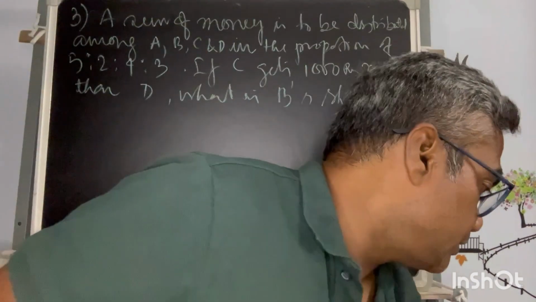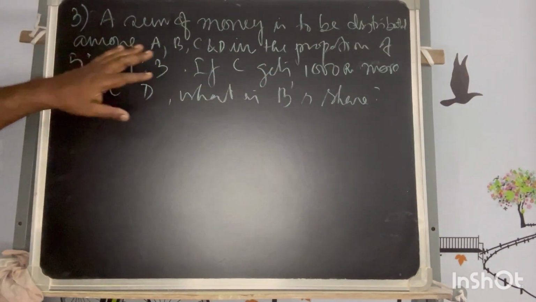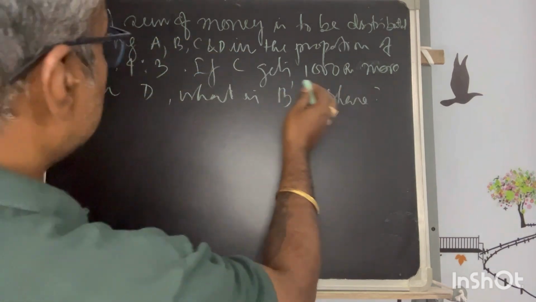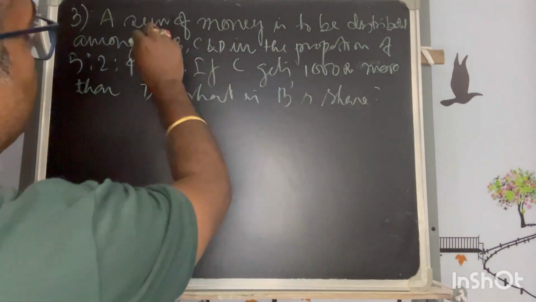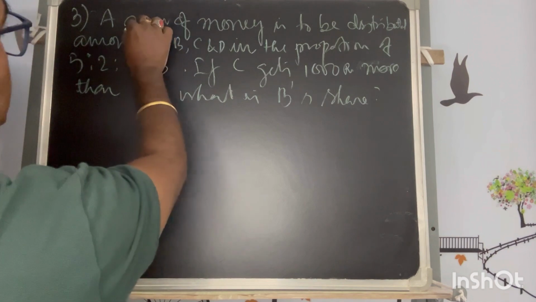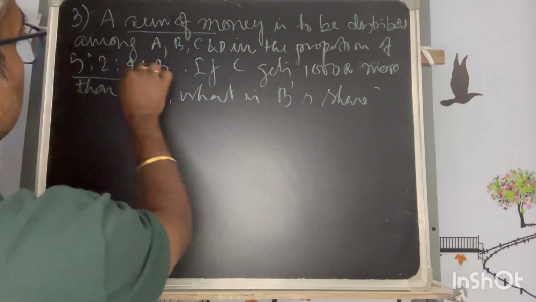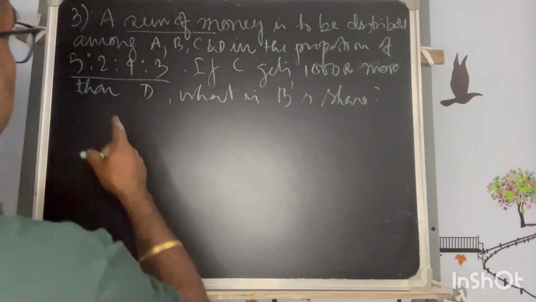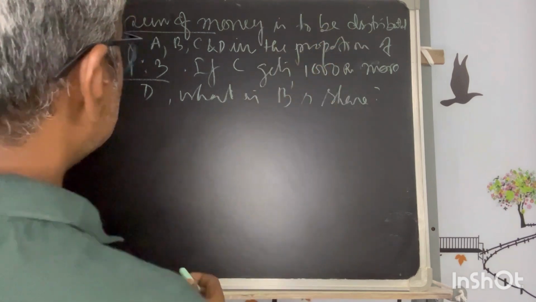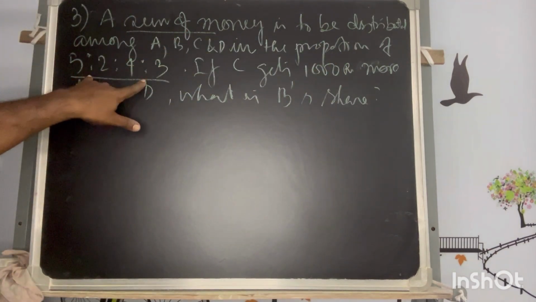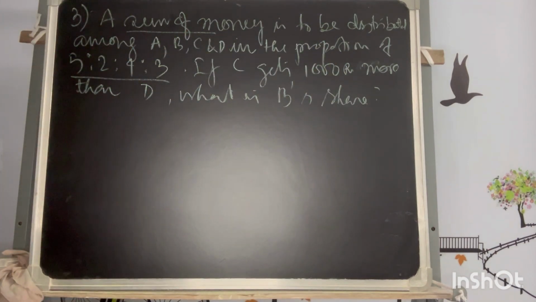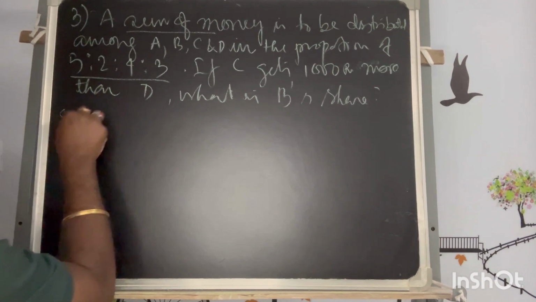Now, in this there are 4 members who are getting a sum of money in the given ratio.